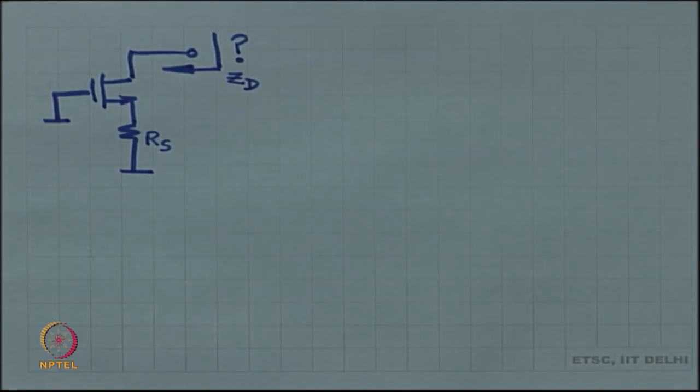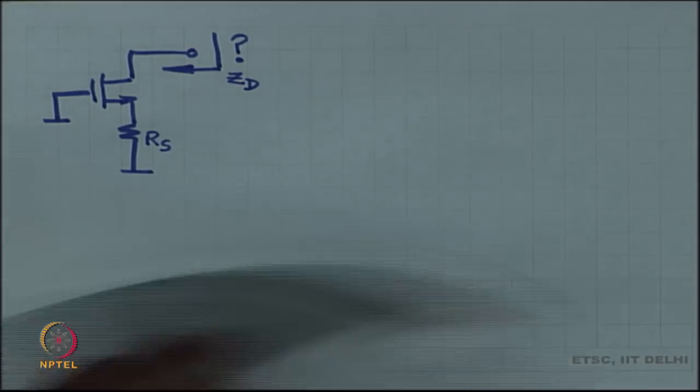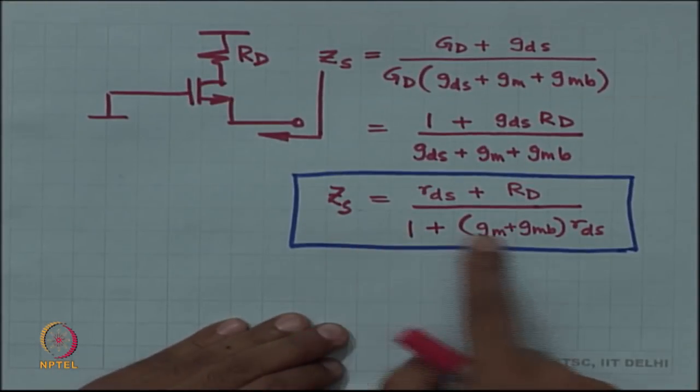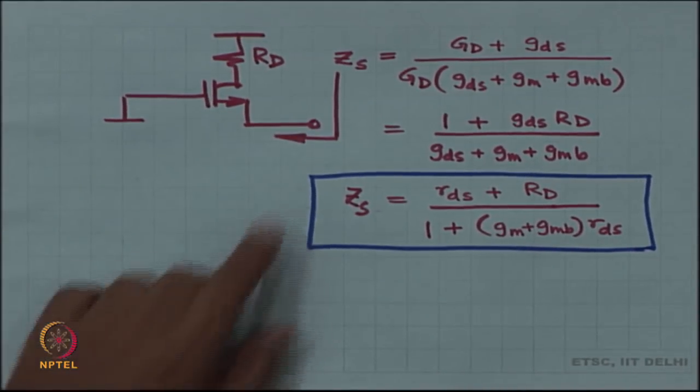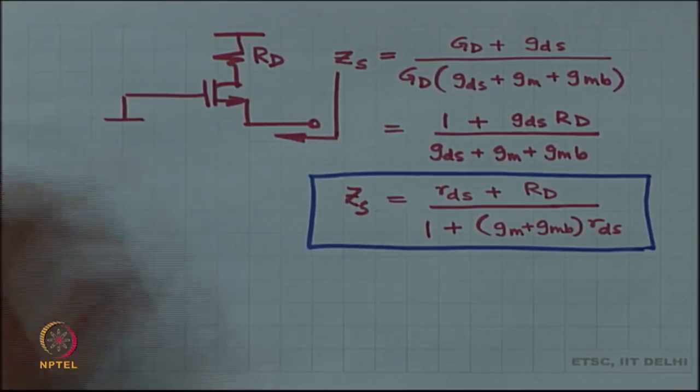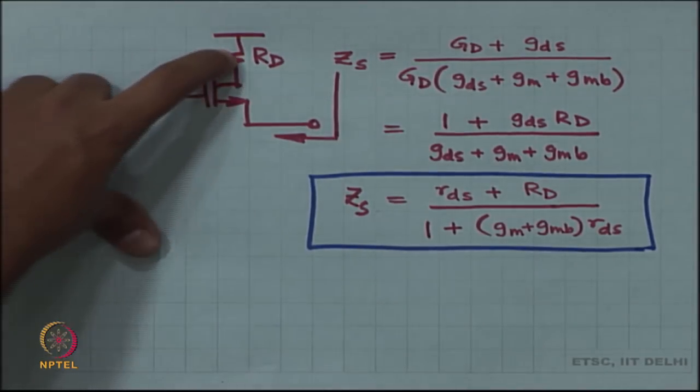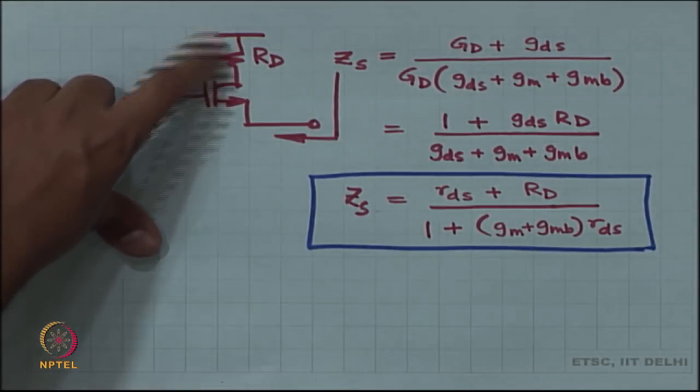You either look in from the source, you see RDS plus RD divided by the 1 plus the intrinsic gain. Just by the way, is this large or small? If RD is equal to 0, this is a short circuit.